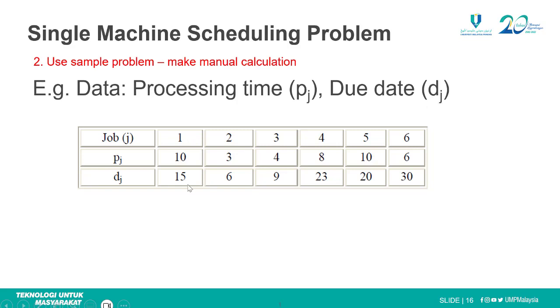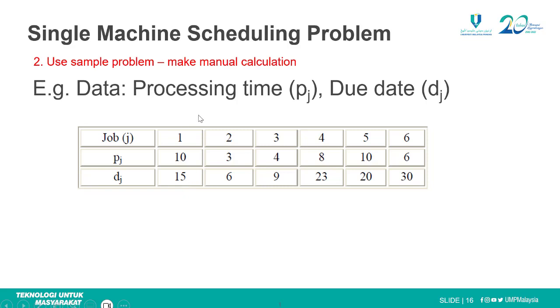Then DJ here is representing the due date. So let's say the time here is in hours, for example. So job 1 requires 10 hours to be processed, and it must be delivered at the 15 hours.